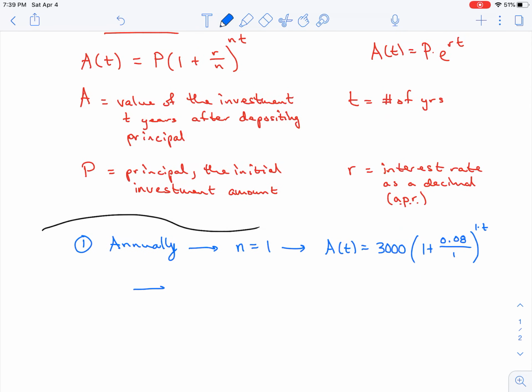So here in simplified form, this would be A of t is equal to 3,000 times 1.08 to the t. And we want to know the value after 8 years, and so we will evaluate A of 8, which is 3,000 times 1.08 to the 8, and that's approximately $5,552.79.